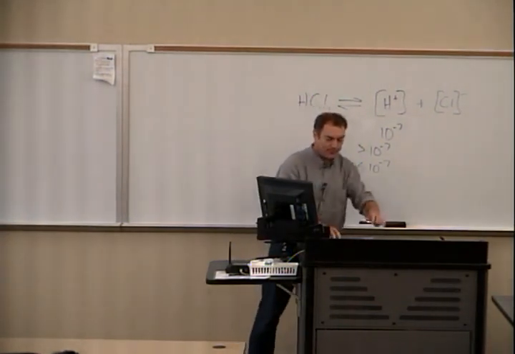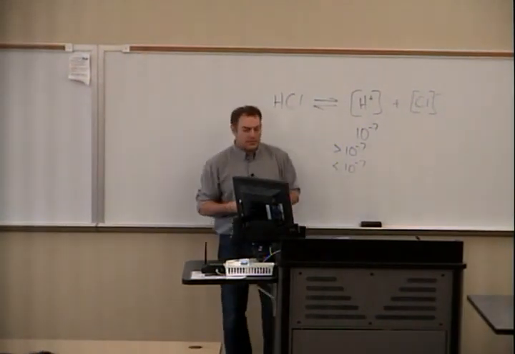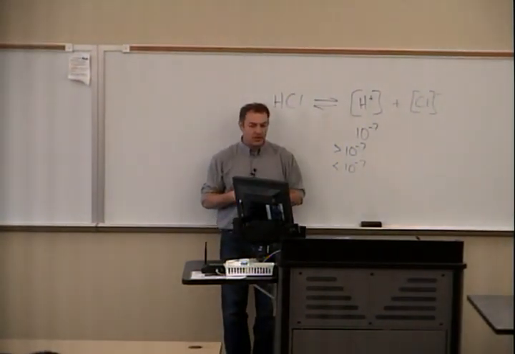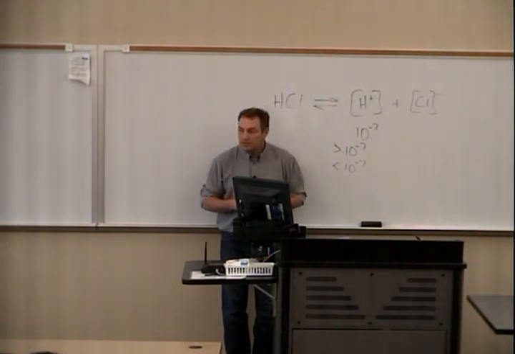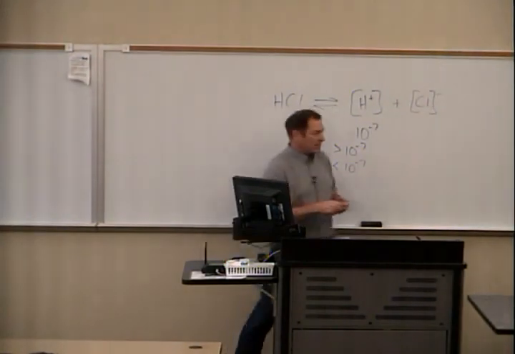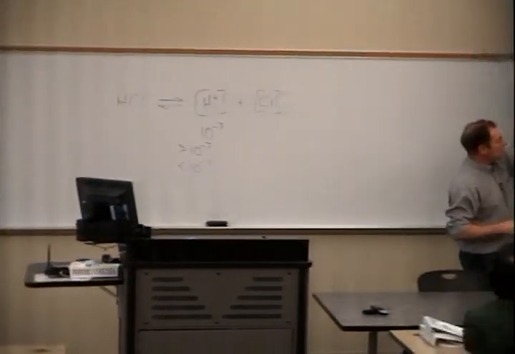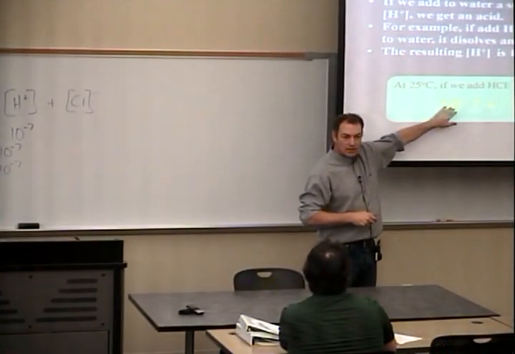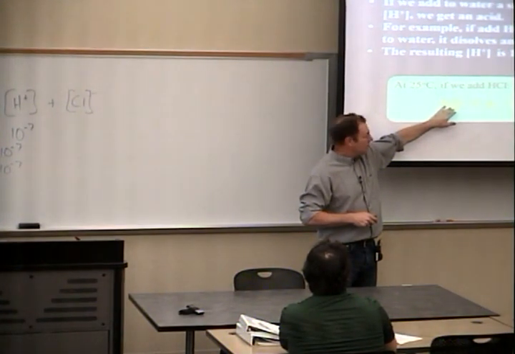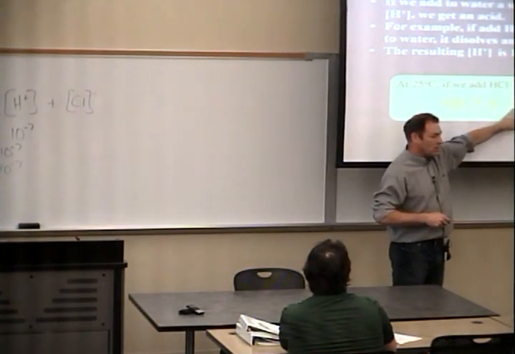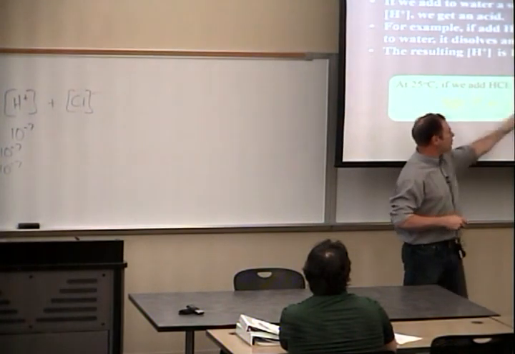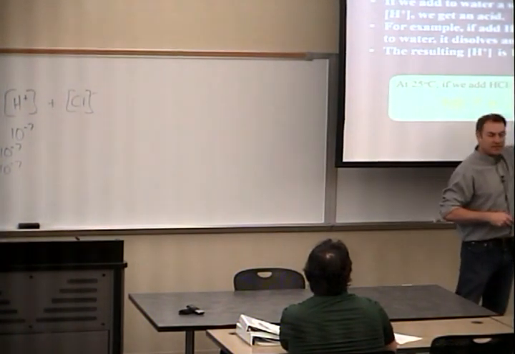Okay? So the resulting hydrogen ion concentration is 10 to the -2. All right? When we do that, that's just what the value is. So if this represents our hydrogen ion concentration, and this is our hydroxide ion concentration, we know they always add up to 10 to the -14.